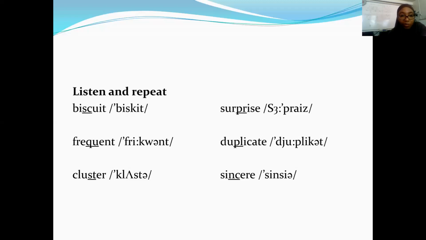Look at the word on your screen. You have the words biscuit, frequent, cluster, surprise, duplicate, and sincere.